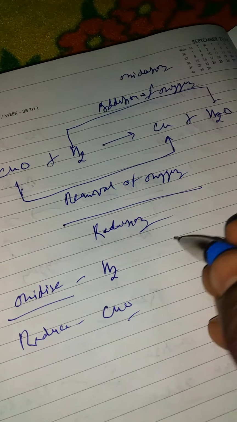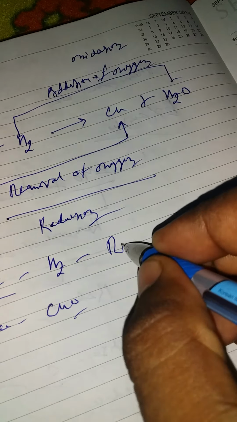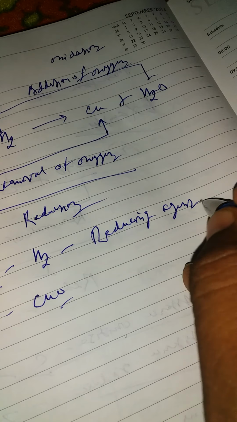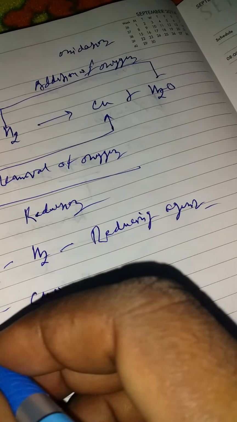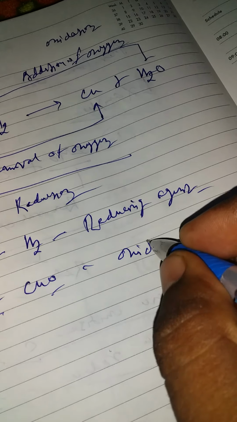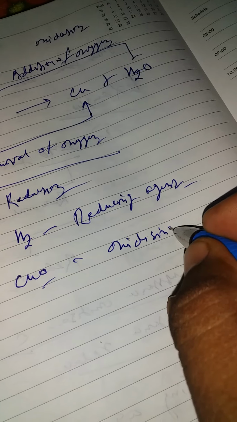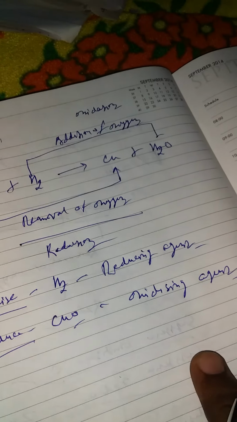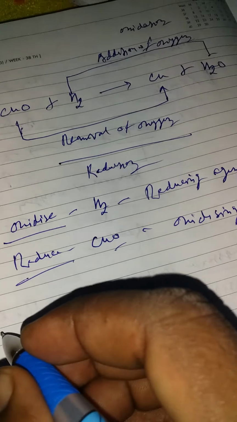The substance which is oxidized is known as the reducing agent, and the substance which is reduced is known as the oxidizing agent.